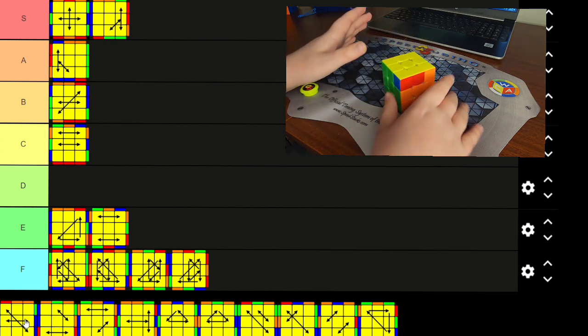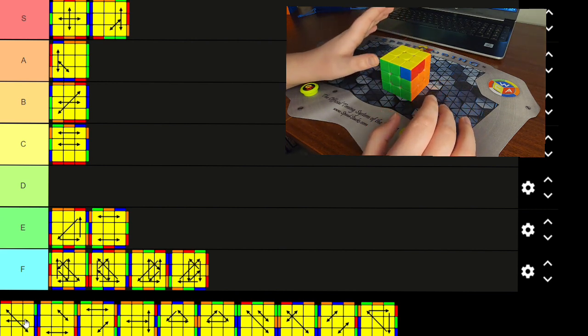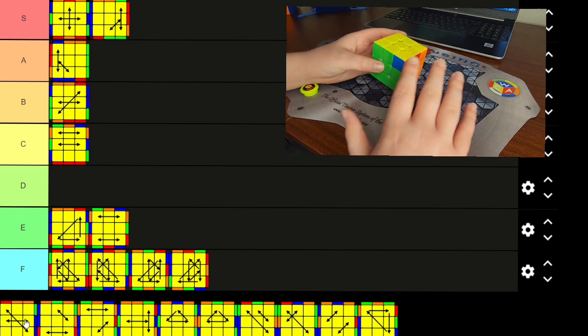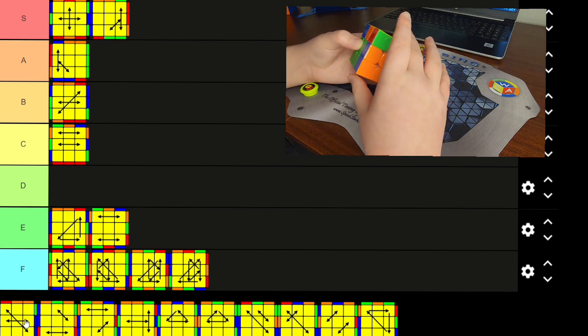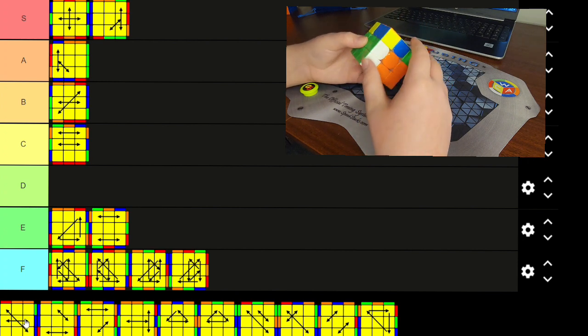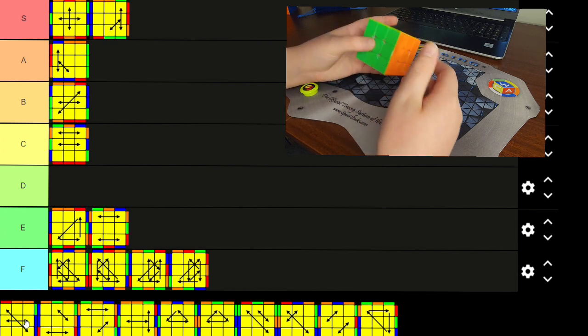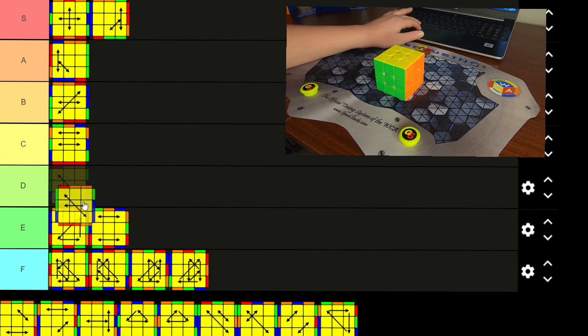I know it took me a while to do that, but it's purely because it's so different from an NA perm, and I just learned it recently. It's such a foreign thing to me. Wait, no. F prime, U prime, F. Then that, and then... Okay, there we go. Got it back. So just because it's so different from an NA perm, it gets D tier.